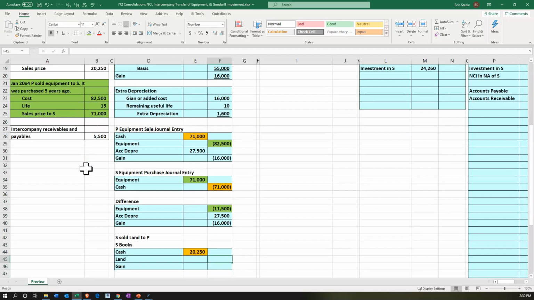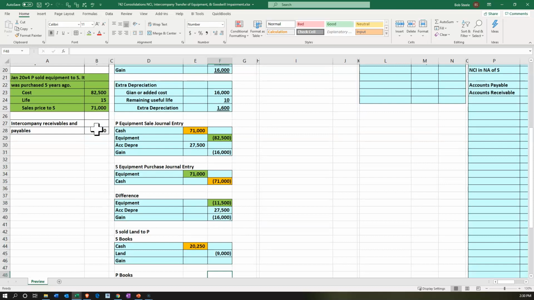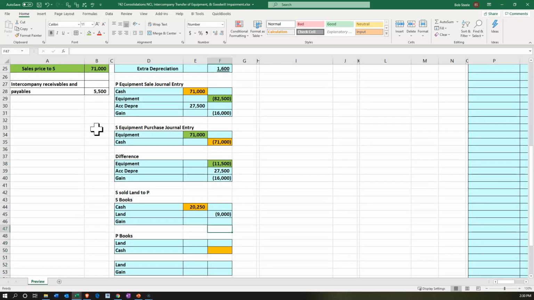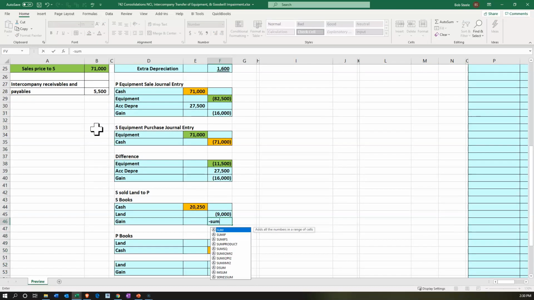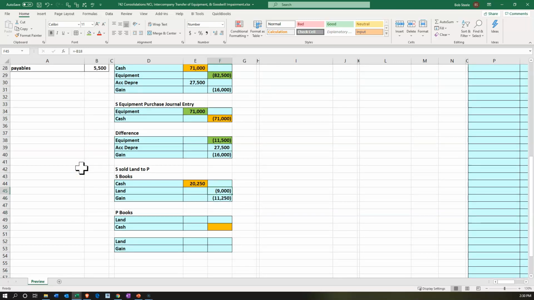The land would go off the books for the cost of the 9,000. No accumulated depreciation we have to deal with. Then we would have the gain, which is going to be that 11,250. So that's what would happen on the side of S, who sold it last year, right?